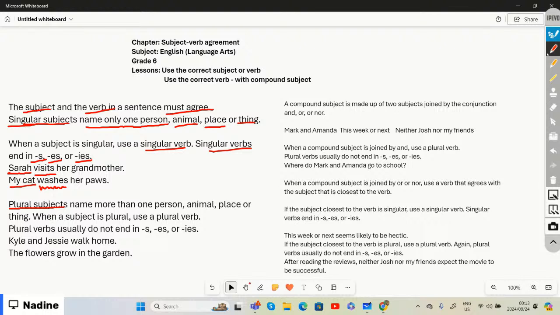The action or the verb that the one cat is doing is washes. So we don't say my cat wash, but we say my cat washes her paws. And that is a singular subject with a singular verb. And remember, we said a singular verb ends with s, es, or ies.